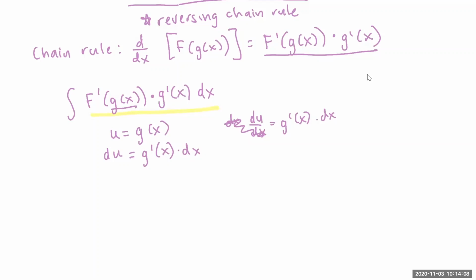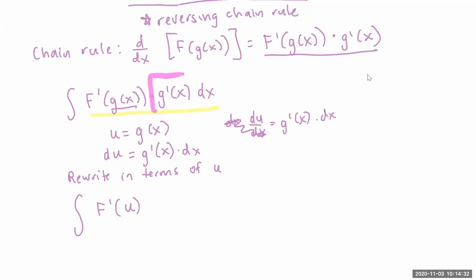So we're going to rewrite in terms of u. I have the integral of f prime, g of x is equal to u. Then I want you guys to look at this part here, which I'll use a different highlighter for.